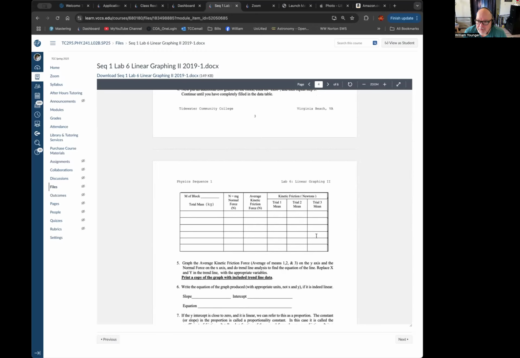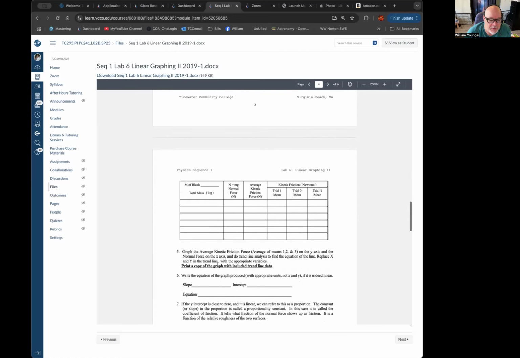That fits perfectly with y equals mx plus b, because the x plays the role of the normal force, the y plays the role of the average kinetic friction, and the b should be 0. But that means that the slope in y equals mx plus b is going to be your coefficient of kinetic friction. So that's really what you're shooting for there. It says print a copy of the graph with included trend line data. Again, that just means take a screenshot of it.